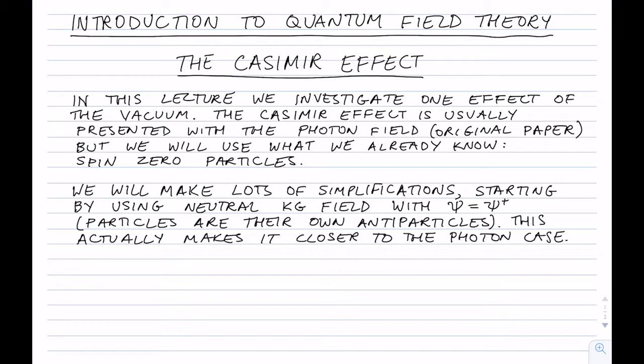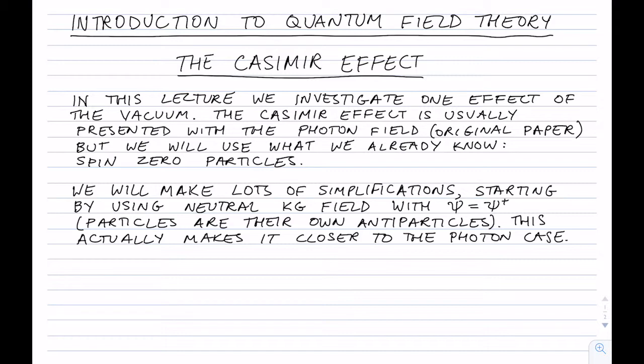And also, this assumption makes it closer to the photon case because photons are also their own antiparticles. We'll introduce the other simplifications as we go. The first one will be that we'll make it massless, and we'll also make it a one-dimensional field. So let's get started.